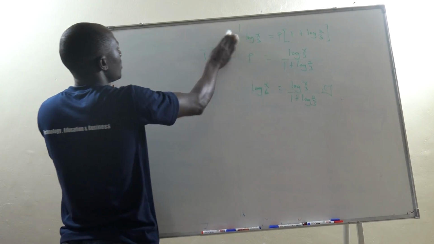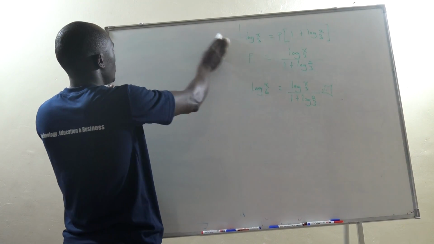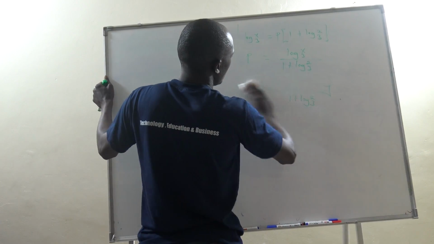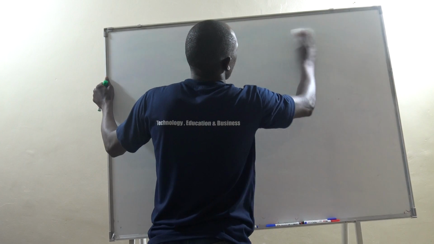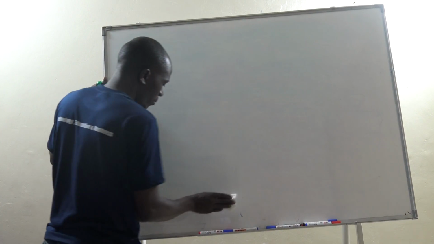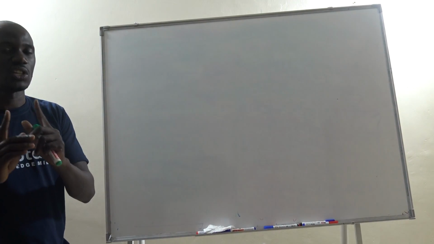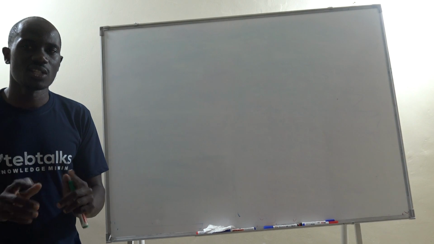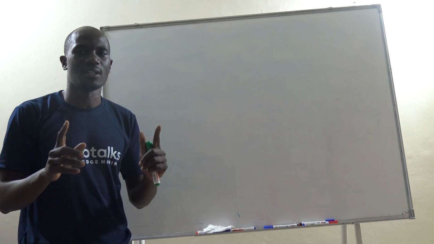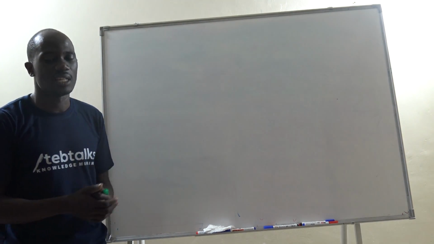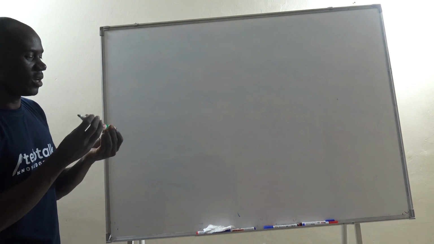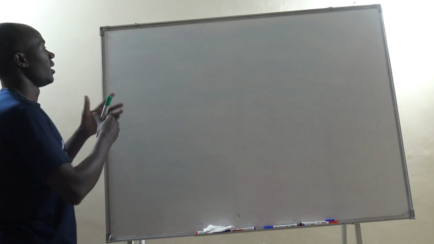Others you can go and check in your books and see how those things are supposed to be practiced. Mind you, the more you practice, the more you become perfect. But if you don't practice, you will not become perfect in that. So let's move to another example.